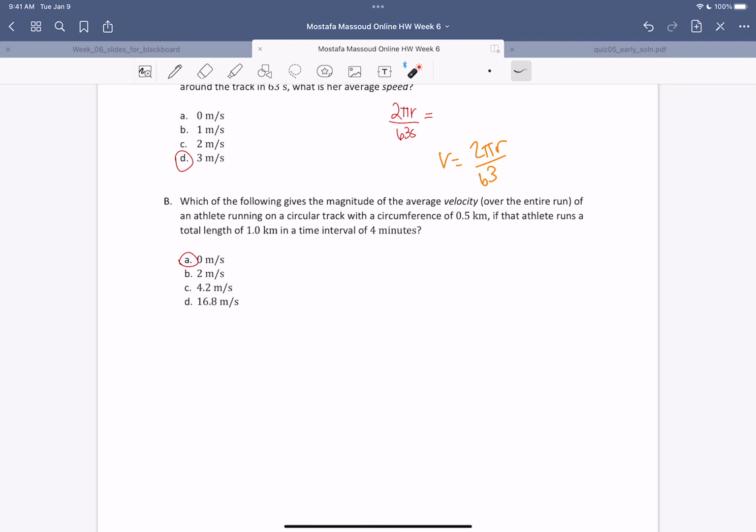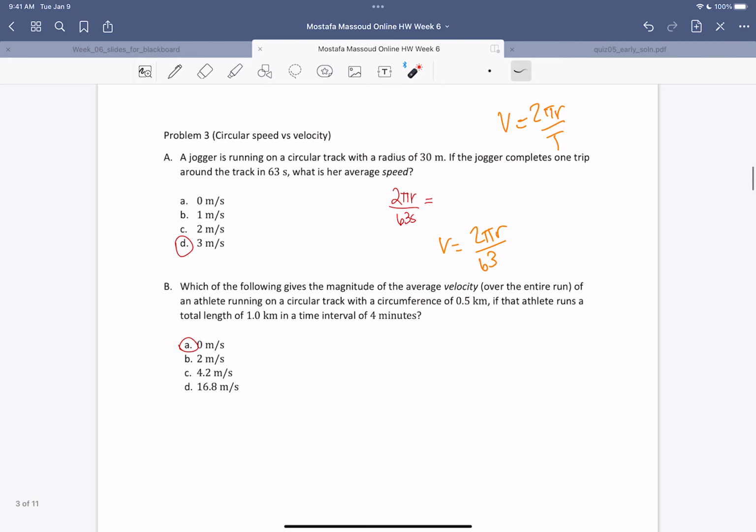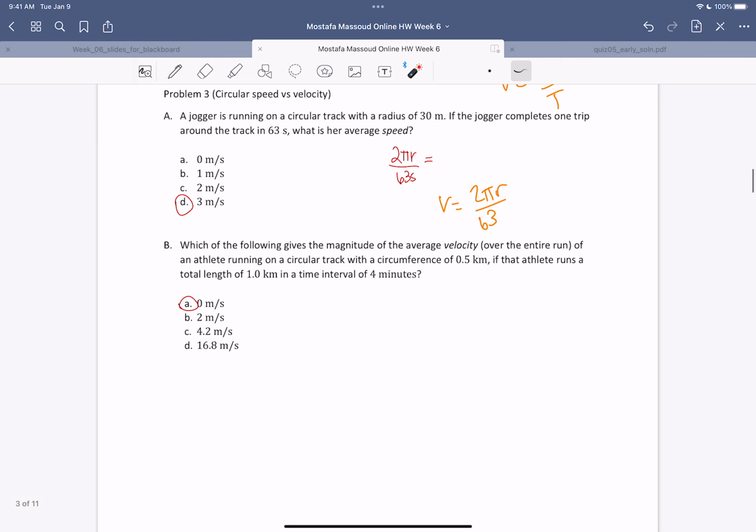So velocity is displacement over time, right? So it's the final minus the initial position. Well, she ended up at the same position, right? So if they ended up at the same position as before, then really their displacement is 0.